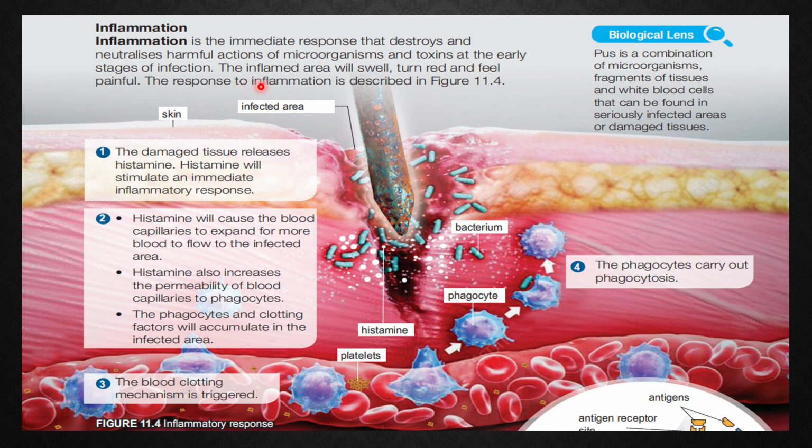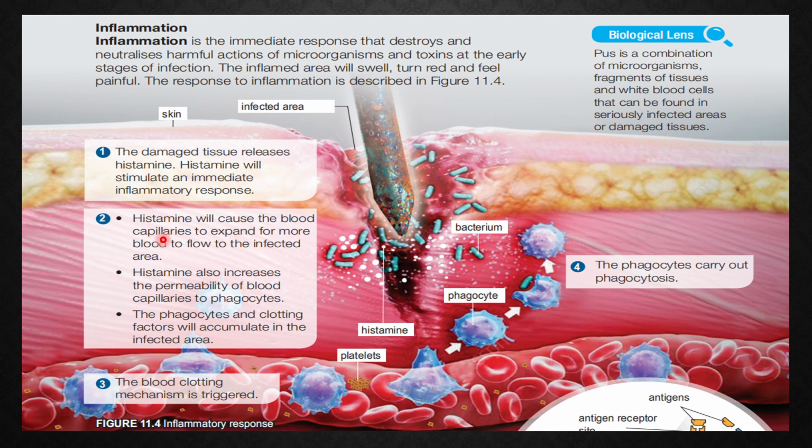Now let's look at the response of inflammation as described in this figure. So first, the damaged tissue will release histamine. Okay, this is a chemical that will stimulate an immediate inflammatory response.